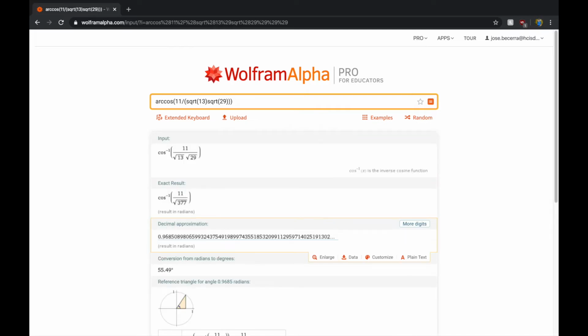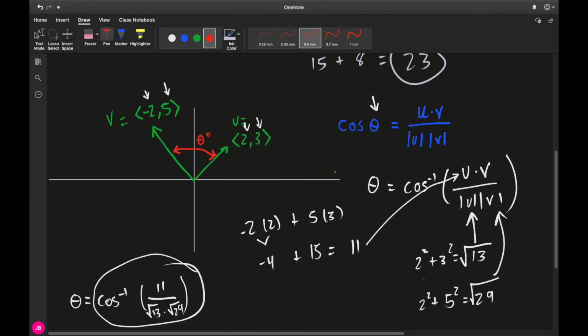Once we know that this matches, we get a decimal approximation in radians and a conversion to degrees, which is 55.49.